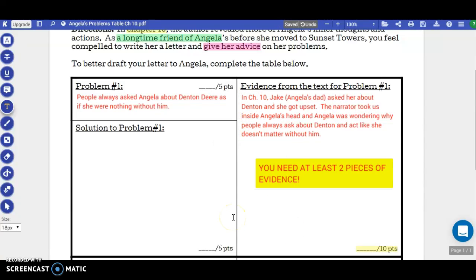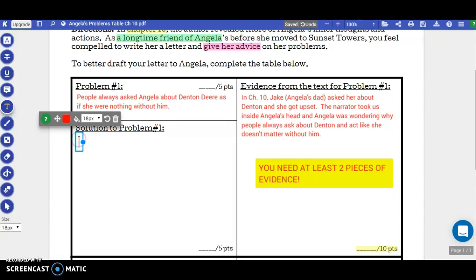So don't forget. Okay, then I would need to come up with a solution. So if everyone is always asking about Denton Dear and acting like Angela's nothing without him, we need to figure out what Angela should do about this.